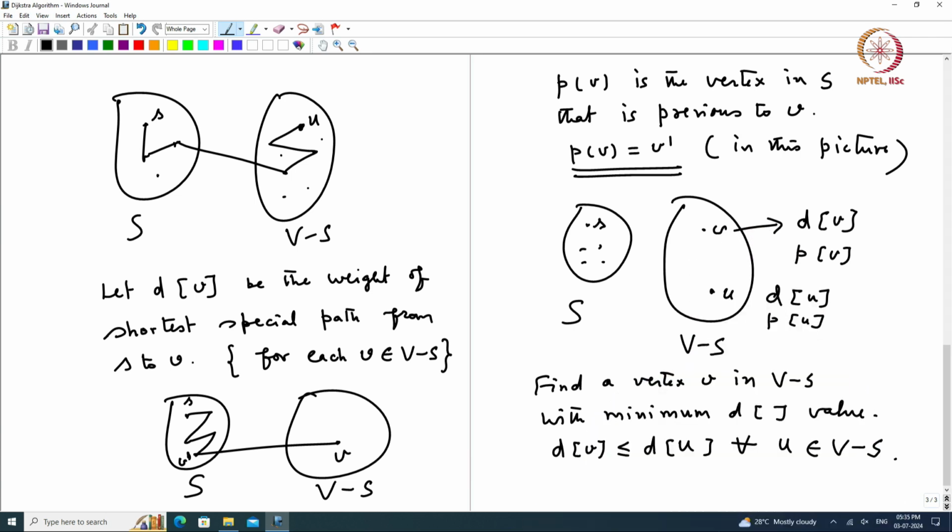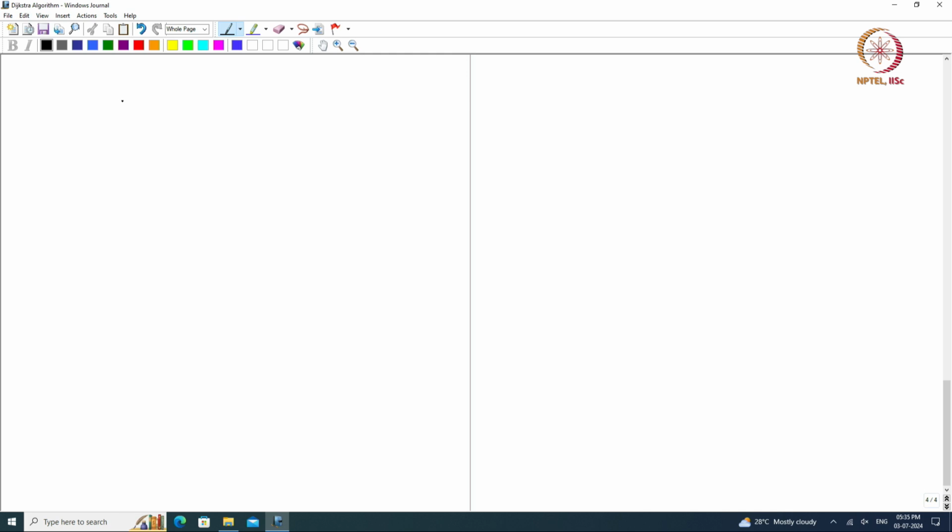So, find a vertex V with the minimum D value. This is easy to do, just scan the vertices in V minus S and their D values, and find the minimum. Our claim is D of V is equal to delta V. That means I have identified a vertex for which delta V is known.